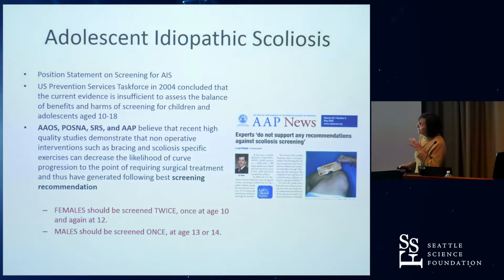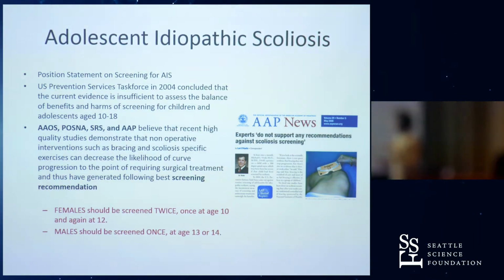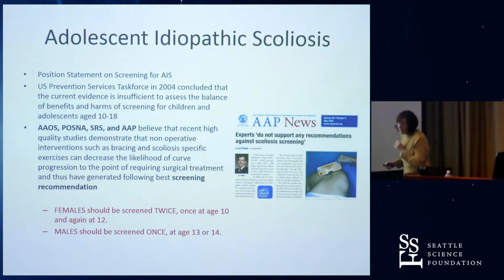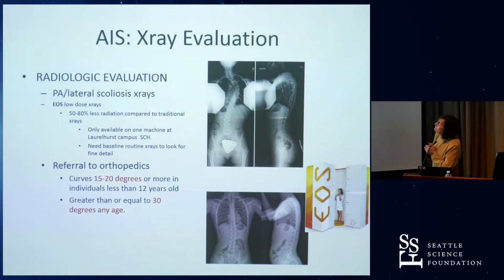Our best recommendation is that females should be screened twice, at age 10 and age 12, and males should be screened once at age 13 or 14. Now again, not every 10-year-old girl is the same, with early bloomers and late bloomers, but I think this should capture many of those cases. So that's our best.